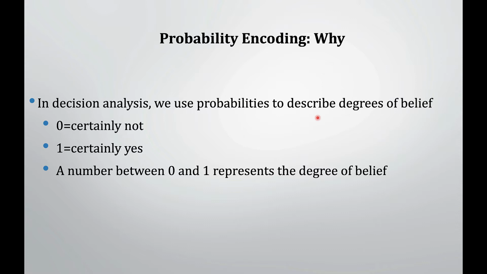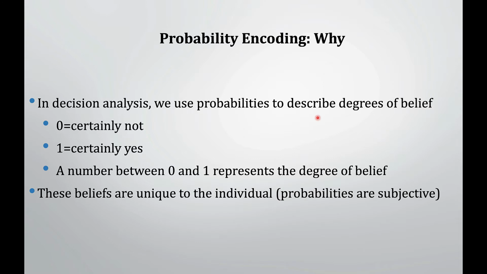So if I say something happens with a probability of 0.5, that expresses my belief that it is equally likely and unlikely that the event is going to happen. We want to point out again that these beliefs are unique to the individual who expresses them. Again, in this class, probabilities are subjective.